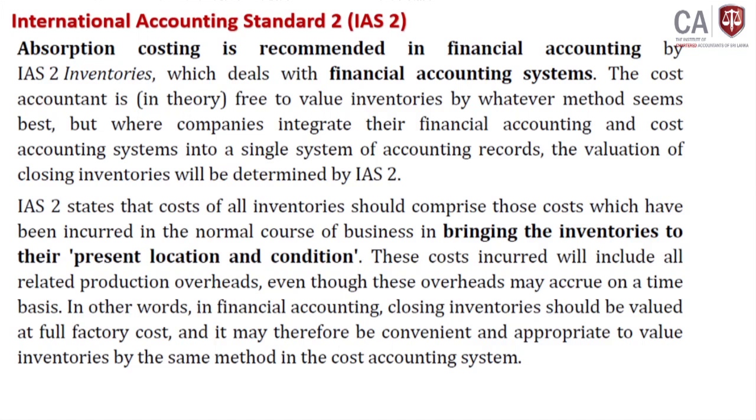Very important: costs incurred in bringing the inventories to their present location and condition. Whatever cost you incurred to bring inventory to its present location and condition, you have to consider those costs as a part of what?